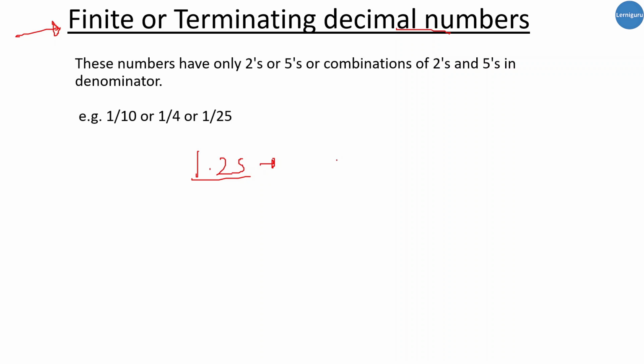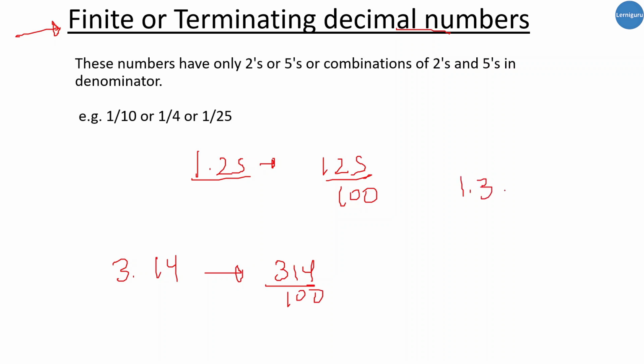When you convert it into p by q form, it becomes like this. Write any finite or terminating decimal number. Let's say this is it again. If you convert, you will get this. Like 1.3, if you convert it, you will get 13 upon 10. So one thing to pay attention to here is that 100 is a combination of 2s and 5s. 10 is a combination of 2 and 5.